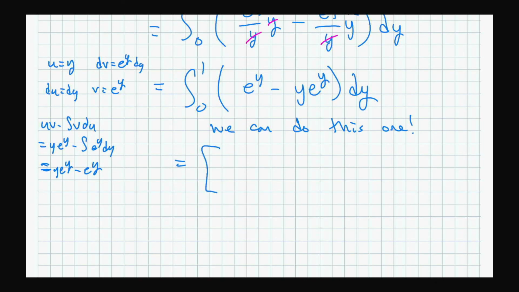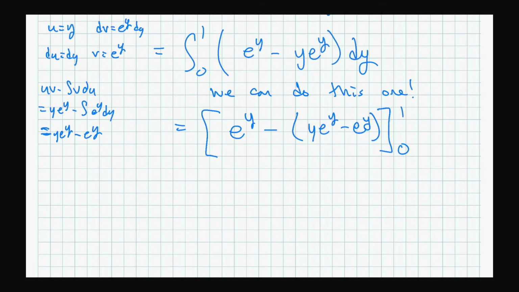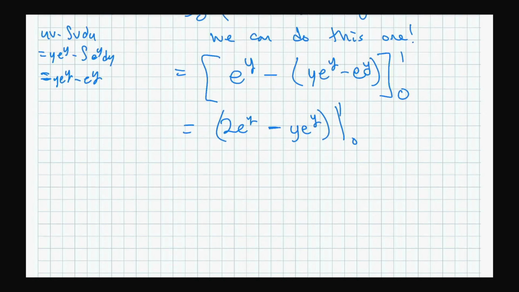So we do this antiderivative here. The antiderivative of e to the y is e to the y, minus the antiderivative of y e to the y, which is y e to the y minus e to the y. And we integrate from 0 to 1. So double checking this, e to the y minus e to the y is actually 2e to the y, then minus y e to the y, from 0 to 1.